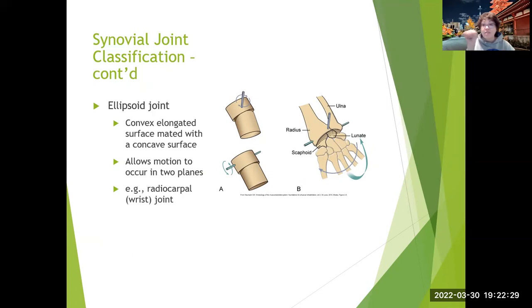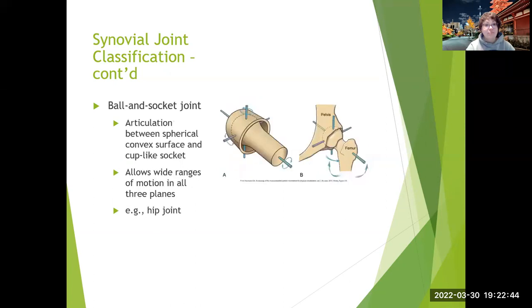So we get motion in the frontal plane and motion in the sagittal plane, 2 degrees of freedom, and we get circumduction, because once you have 2 degrees of freedom, I'll throw in circumduction for free. You don't have to pay any extra for that.